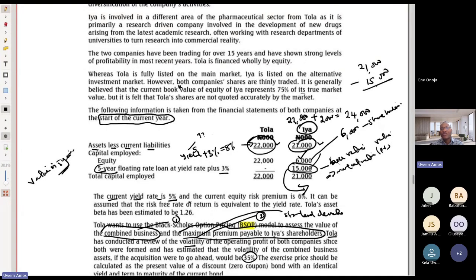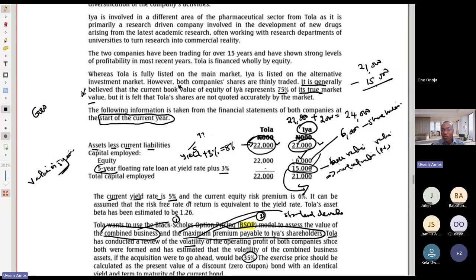However, the question provides some additional context that helps us identify what the market value of Iya would be. So we'll do that quickly and then close out. Right here it says it is generally believed that the current book value of equity of Iya, which is the 6,000, represents 75% of its true market value.